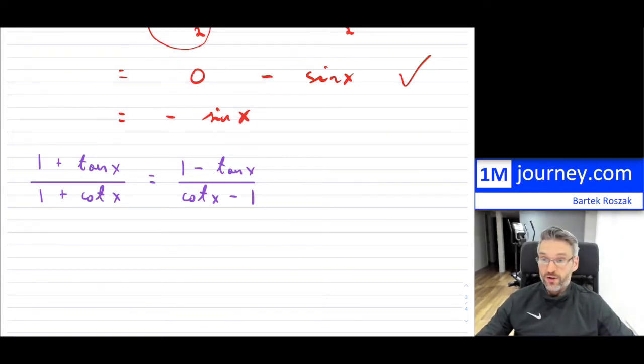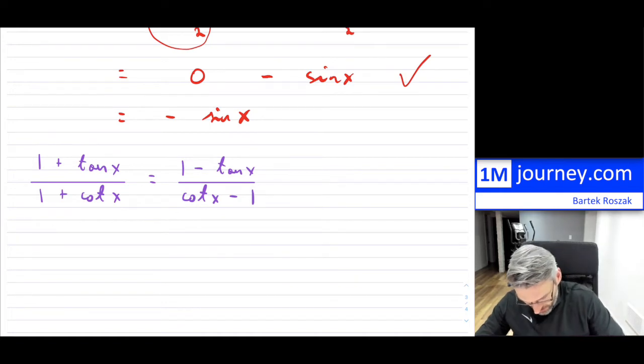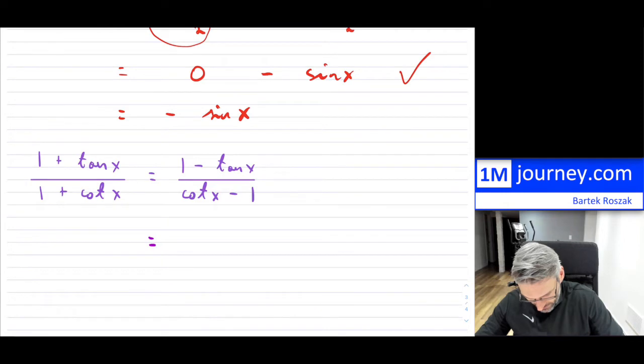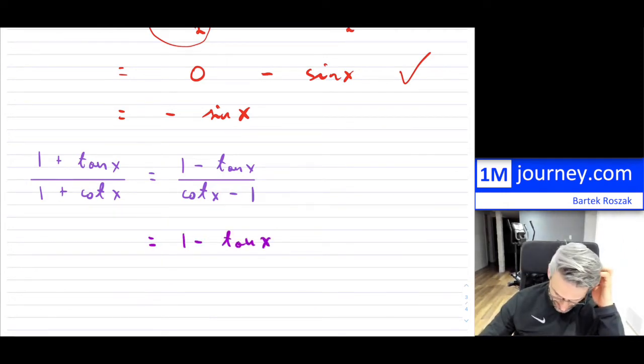To be honest with you, I don't know which one's better, right side or left side. They're both kind of ugly. Let's try the right-hand side maybe. Let's see what this would equal. 1 minus 10x.